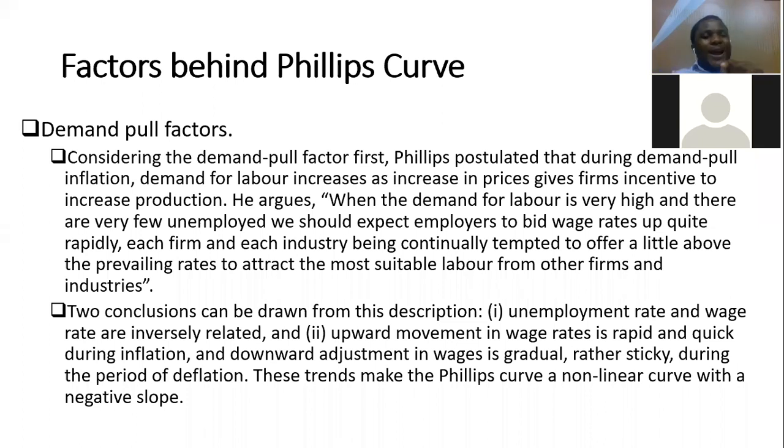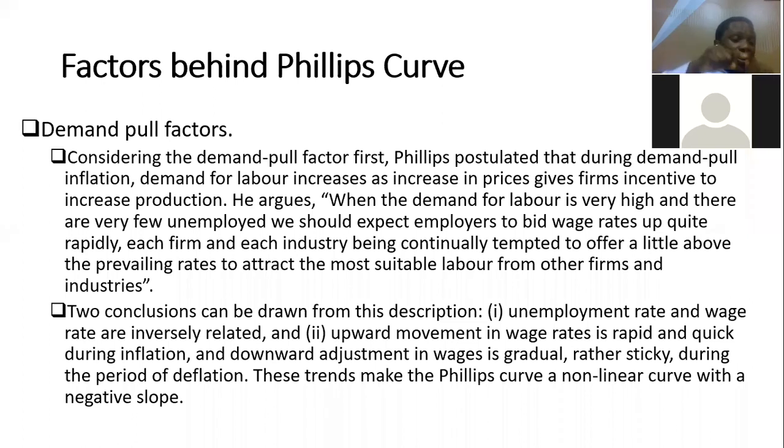So he argued that when the demand for labor is very high, you have few people that are unemployed, of course. Once you have few people that are unemployed, employers will always bid wage rates up rapidly. Because of that, each firm and industry will continue to be tempted to offer a little wage above the prevailing one, a little wage above, a little wage above.